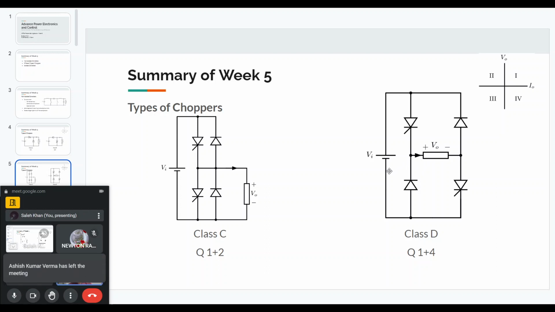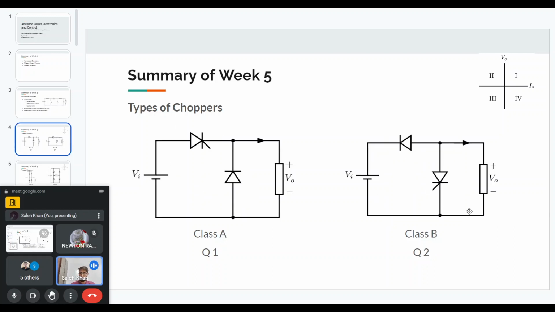Similarly, here you can see that the current can only be positive, based on how the convention is defined and how the switches are placed. A negative current means current flows from the negative output terminal to the positive output terminal, and the thyristor and diode will not allow that.